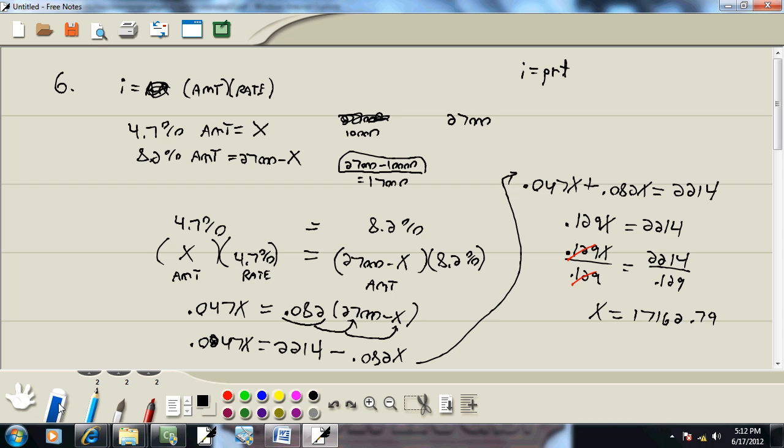Now up here, I'm going to do a little bit of erasing. Those are just number examples that help me with the setup. So if this one is 17,162.79 and they add up to 27,000, I'll subtract that from 27,000 to get what the other amount should be.